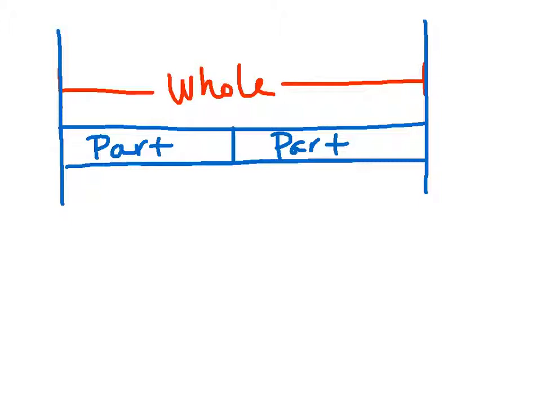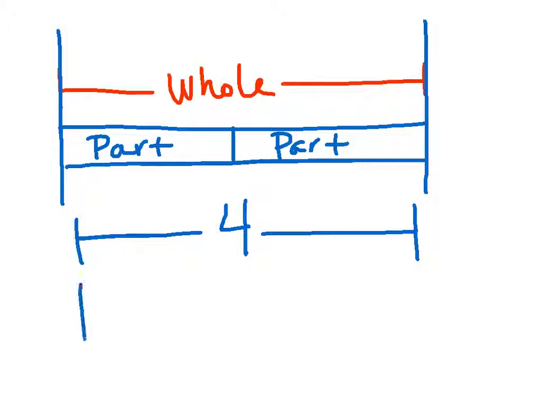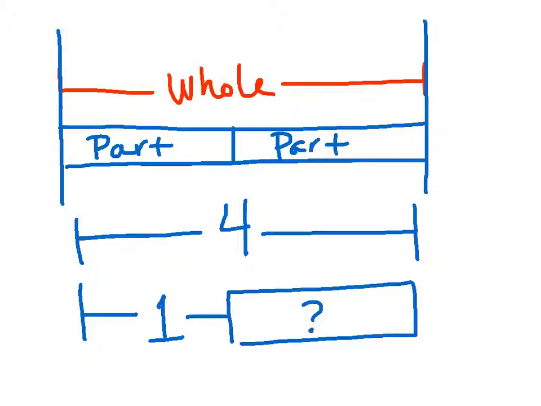So when you think of something like, we could do if 4 was the whole, and we knew that 1 was one of the parts, then what is the other part here?